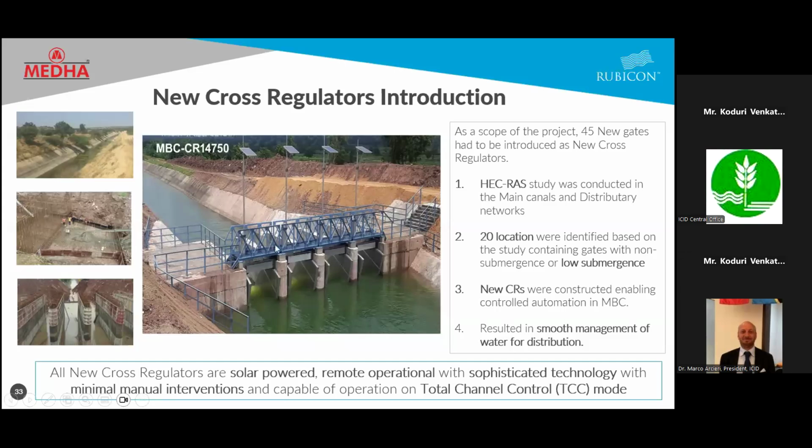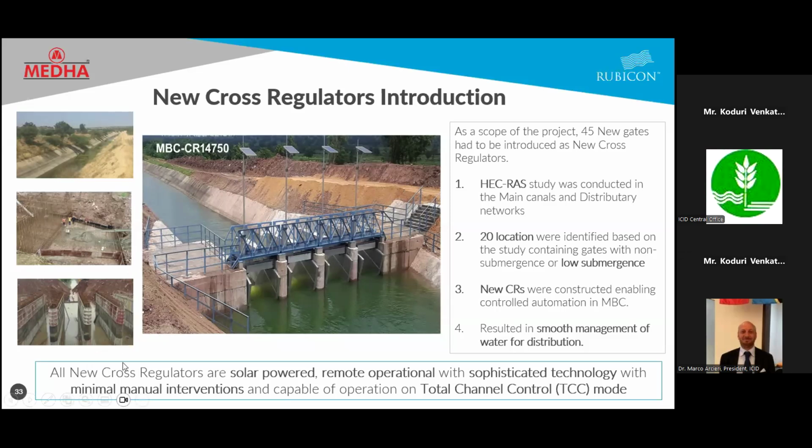There is no additional room or anything required here. The only thing is these gates have their RTUs as small as these, and they are again operated by solar panels, and are able to operate on their own, and they keep communicating with the main control center on a very regular basis.